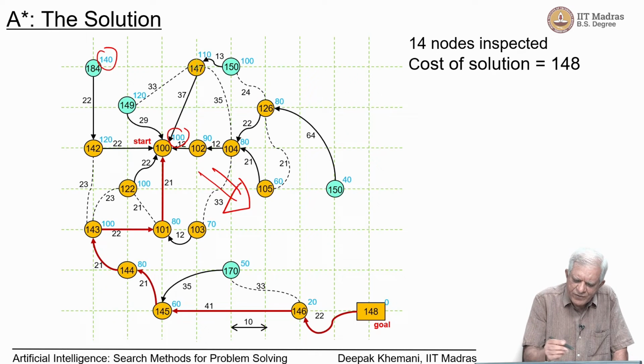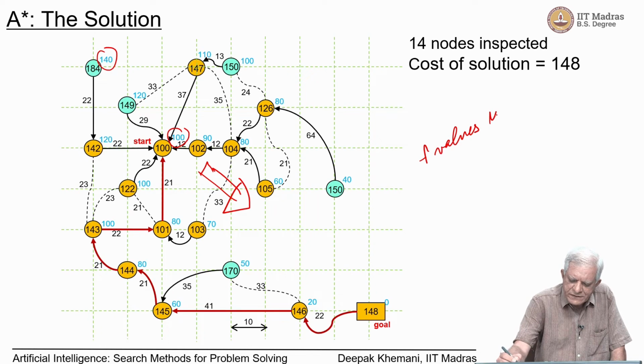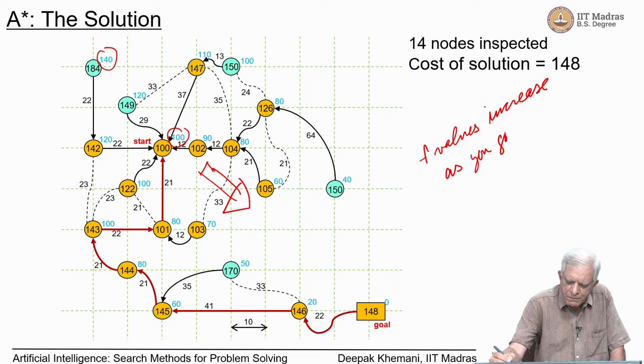But a point I made in passing, and we will see that shortly, is that the f values increase as you go towards the goal. Why is that?